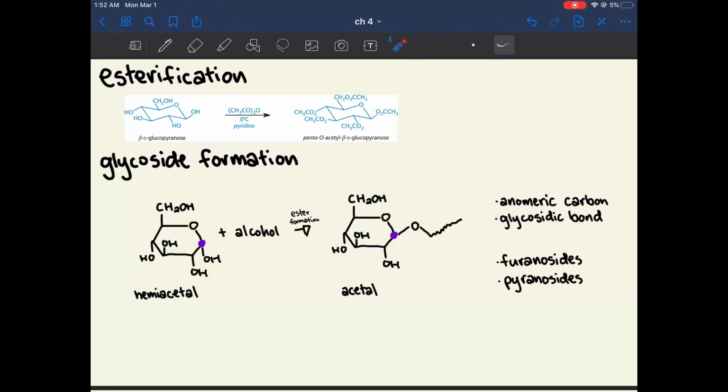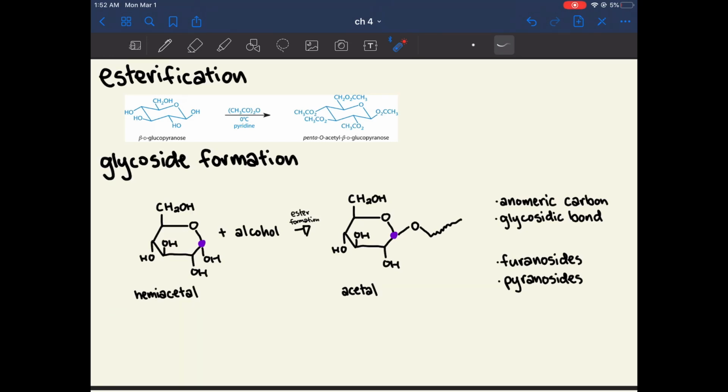But that's less important than the fact that this can be called a glycosidic bond, because I mentioned earlier that we add an alcohol to this, and you can see that carbohydrates have a lot of OH groups, and therefore this alcohol can be another carbohydrate. And when you have this alcohol as another carbohydrate, you can see that this bond could link to another carbohydrate to form a disaccharide or a polysaccharide.